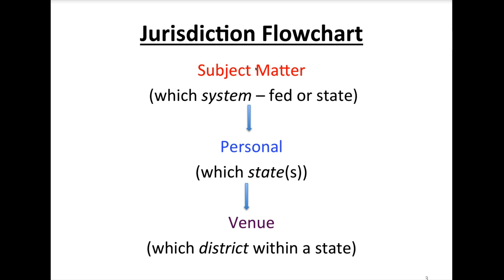After you figure out which system and which state, the next topic we'll talk about is something called venue, which is which district within a state. So for example, in the federal system in Illinois, if you know that you're going to be in federal court and in Illinois, you actually, under venue, have to decide which Illinois district, i.e. trial court, to start in.